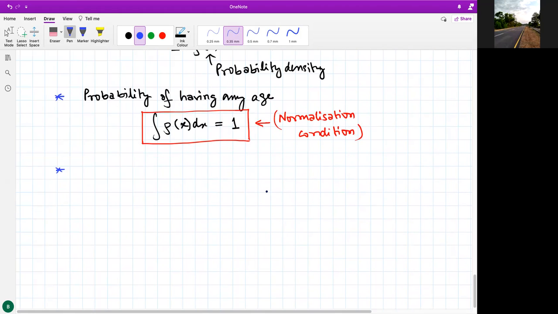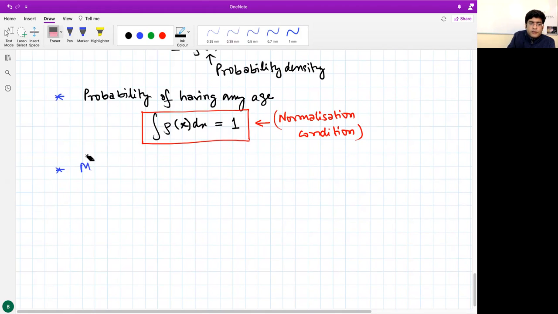Now let's discuss the mean of x. How is it defined in a continuous variable case?